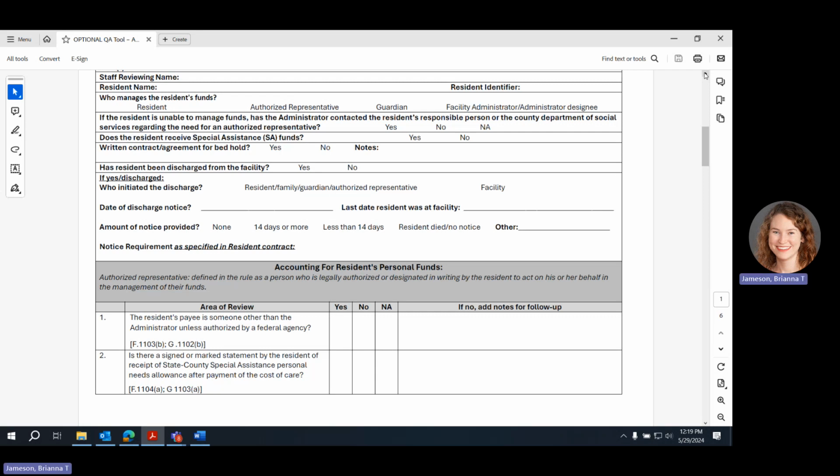The second area of review, is there a signed or marked statement by the resident of receipt of state, county special assistance personal needs allowance after payment of cost of care. You may check yes, no, or not applicable. If no is checked, there is a spot on the right side of the page for follow-up notes.